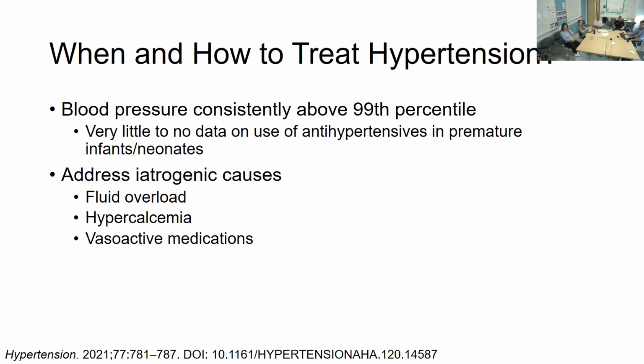But so when do we treat, I think, is an important question. And so there's not a lot of data on antihypertensives in this age group. In fact, almost none, really. And so even though the 95th percentile is considered hypertensive, what a lot of people say is that if you are consistently above the 99th percentile, then that's when you should start to initiate treatment.